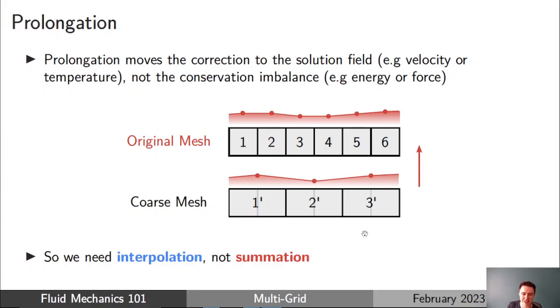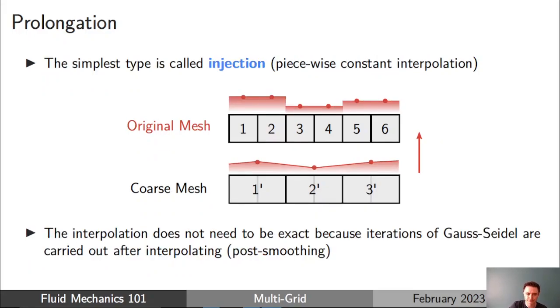So what that means is we can't use that same approach of summation which we used before. We have to use interpolation because we've got a coarse representation of a field and we want to move the field back. So we're going to be using interpolation for prolongation, not summation. So we've got a key difference there. We're moving in the opposite direction to restriction, and we want to use interpolation.